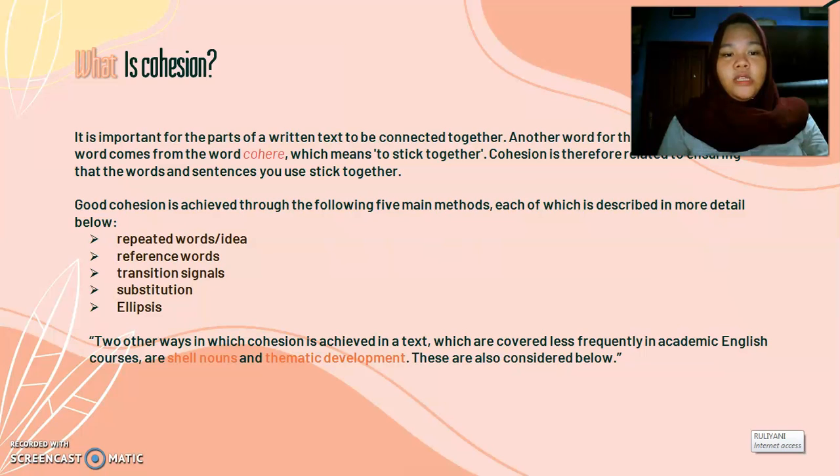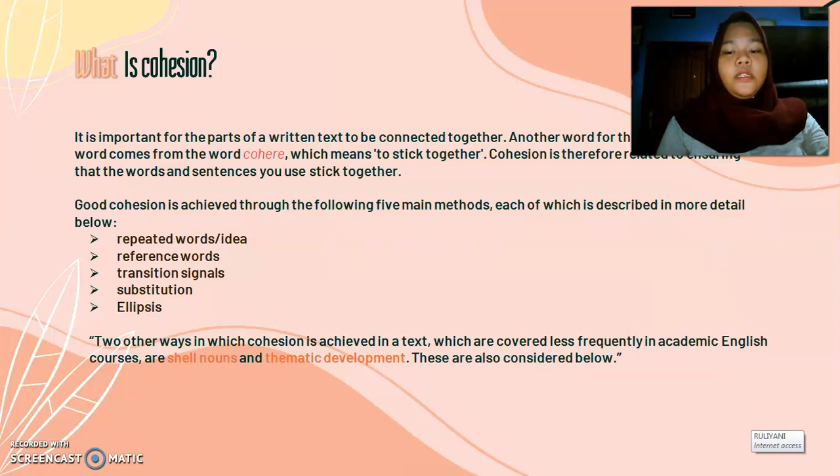Good cohesion is achieved through the following 5 main methods, each of which is described in more detail below. 1. Repeat word or idea. 2. Reference word. 3. Transition signal. 4. Substitution. 5. Ellipsis. Two other ways in which cohesion is achieved in a text, which are covered less frequently in academic English courses, are shell nouns and thematic development.